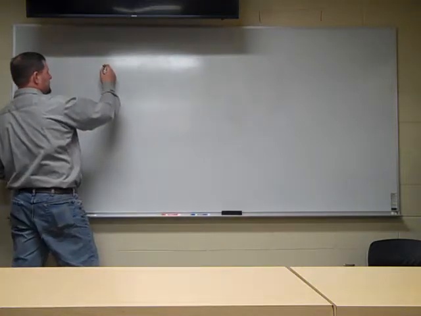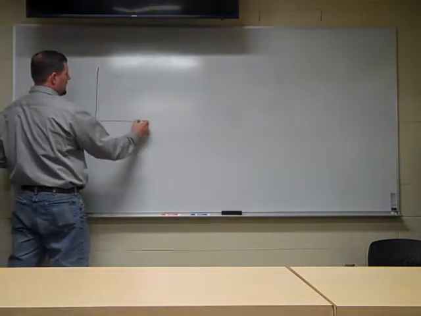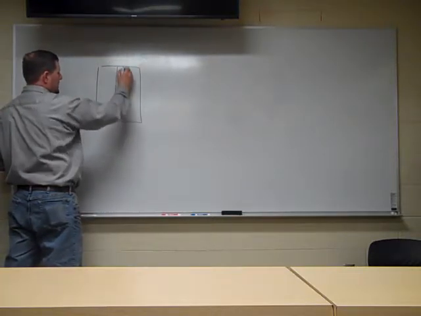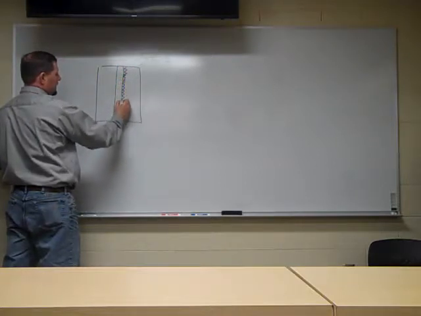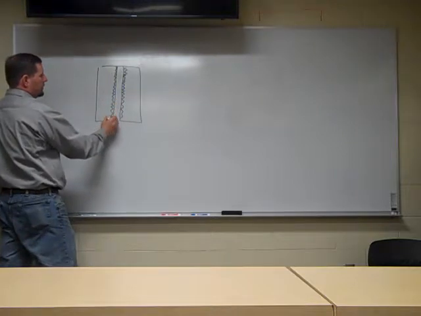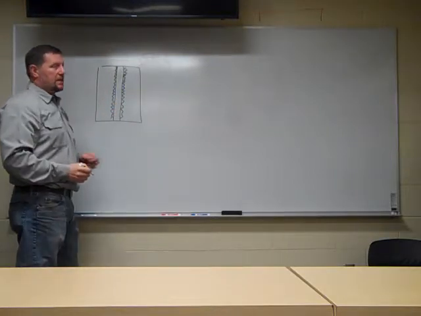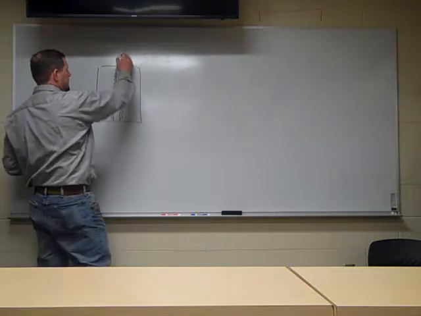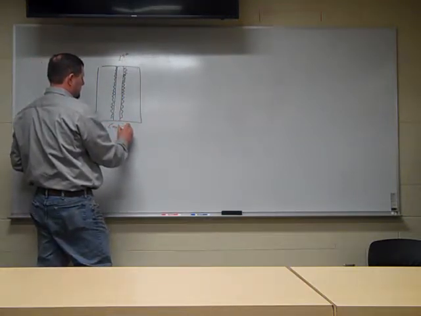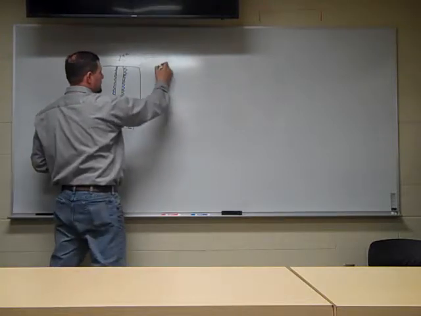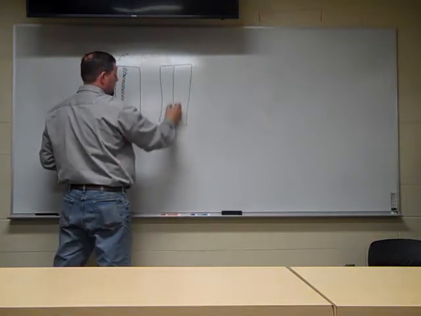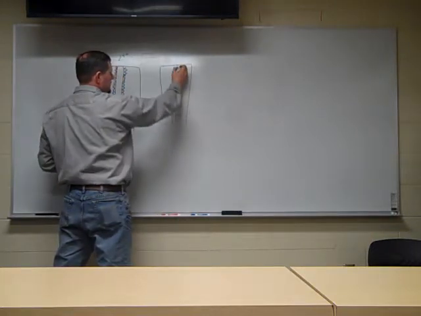Continuous fillet weld. They're just welded all the way. It can be both sides, does not matter. This is not all the way around, don't get that confused with all the way around. So first one is continuous. Second one, intermittent.